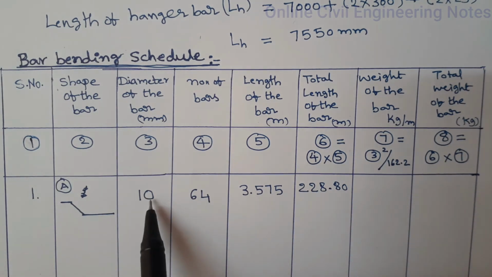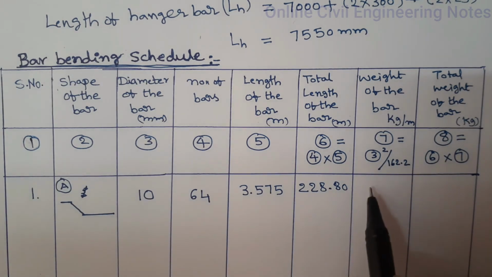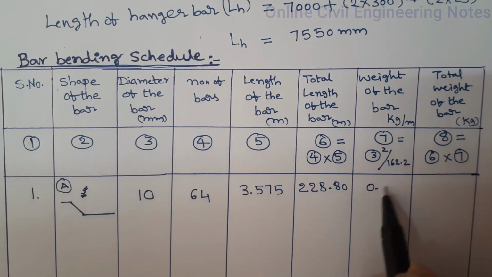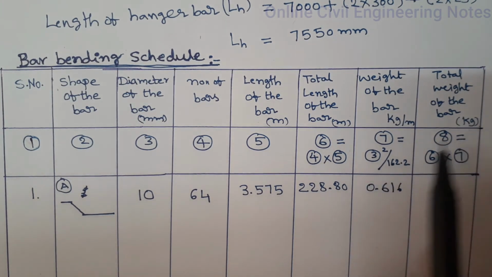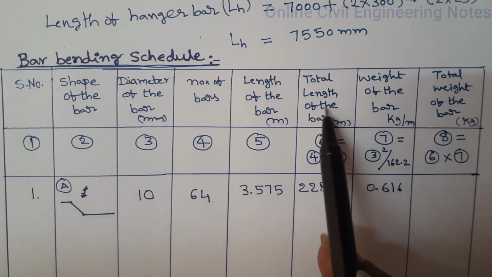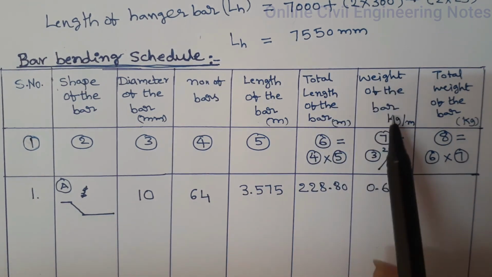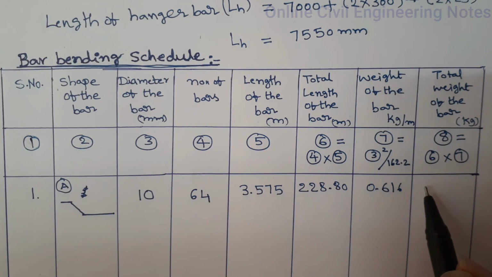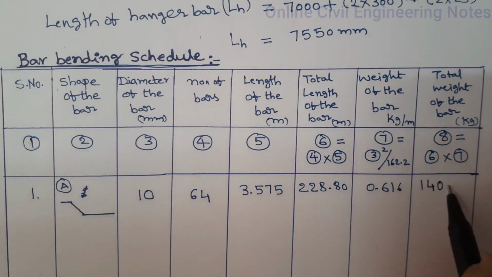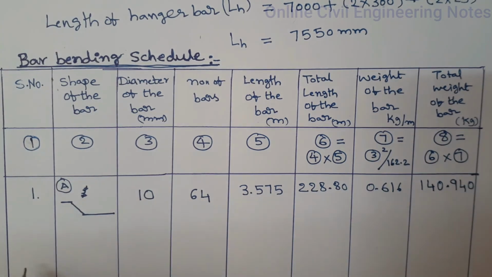Here diameter is equal to 10. Therefore weight of the bar is equal to 0.616. Total weight is equal to total length of the bar into weight of the bar, 6th column into 7th column. Total weight is equal to 140.940 kg.